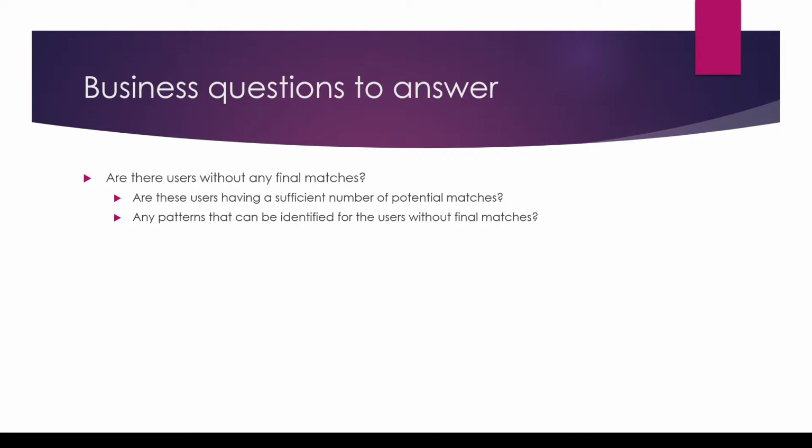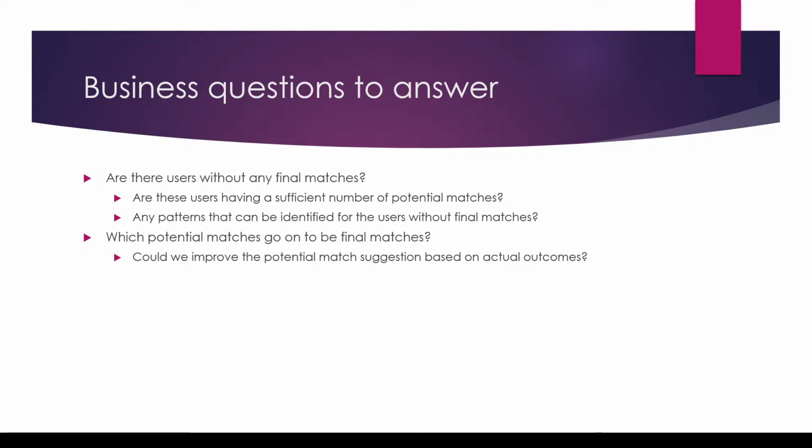We could also look at patterns among the users that don't have a final match: how did they answer the questions, when are they logging in, when are they logging out, are they messaging people, are they liking more people or not liking many people. We can look at their usage, how they use the app, how they use the like functions. Is there a pattern, do the users that are not getting many matches have certain patterns in common? That's a question the business might ask.